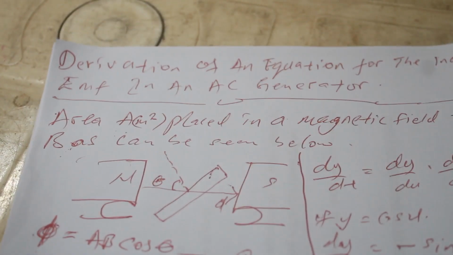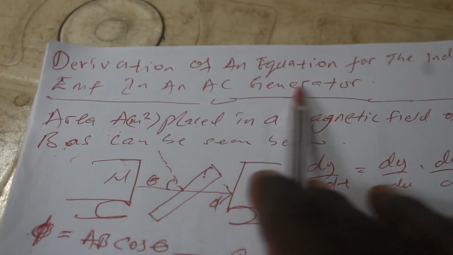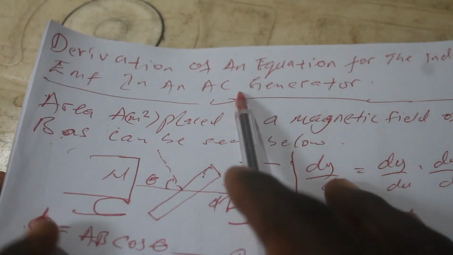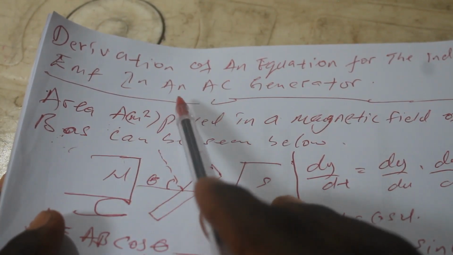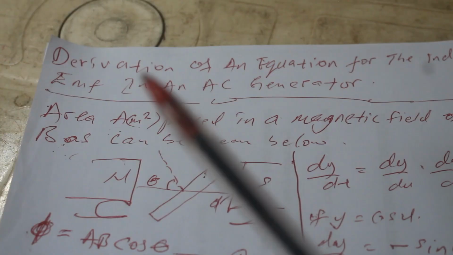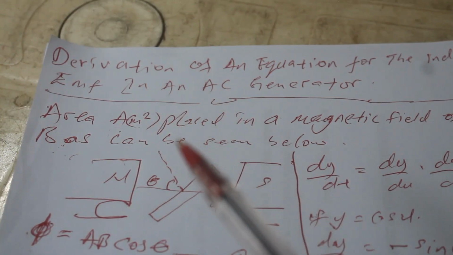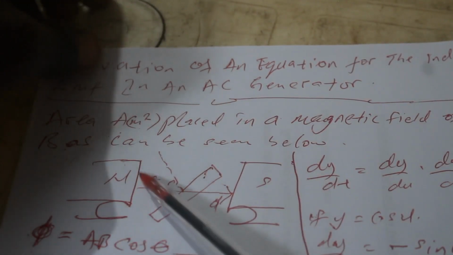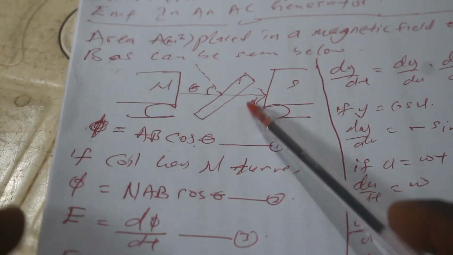So that's the recap. The topic today is a derivation of an equation. We want to know what the equation for the induced EMF in an AC generator would be. So we consider a coil placed in a magnetic field of field strength B. This coil here is placed here.